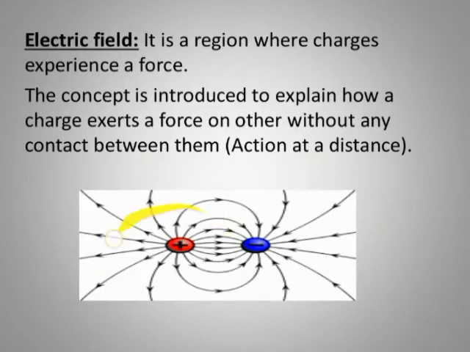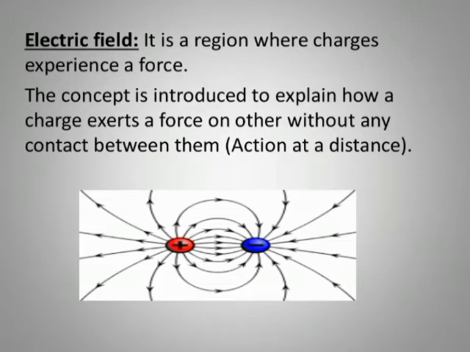There is a field over here. If the negative charge comes within this field, it experiences some force. So what kind of force will it experience? As this is a positive charge and this is a negative charge, attraction takes place between the positive and the negative charges, and this is what is called the electric field.